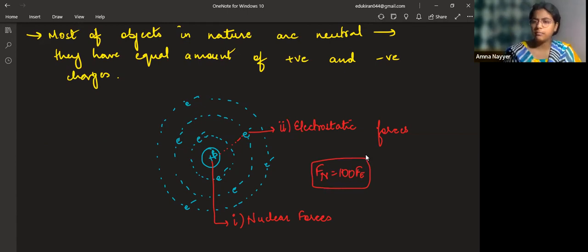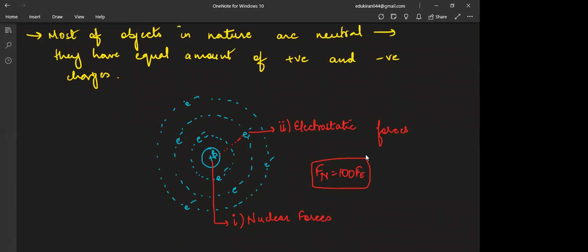So tell me one thing, by your analysis, if protons are held very tightly with the help of strong nuclear forces within the nucleus, and electrons are revolving with the help of weak electrostatic forces, which bond can break easily? Electrons or protons? Electrons, of course.